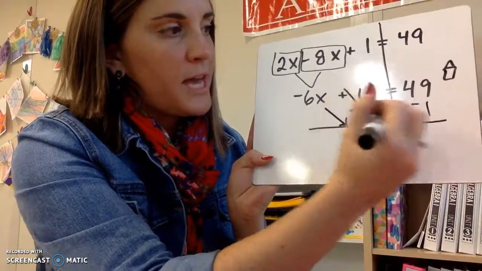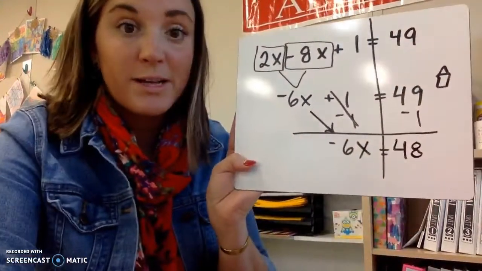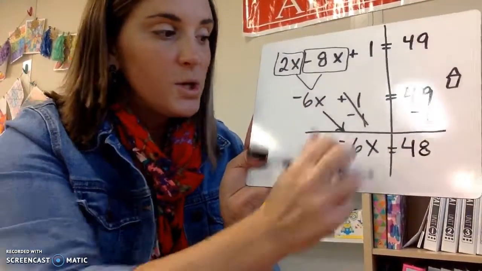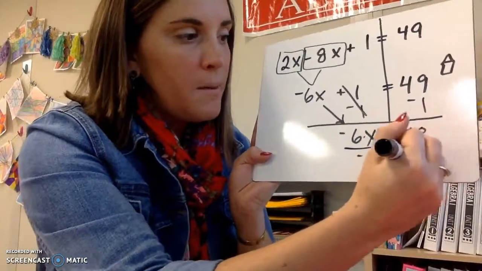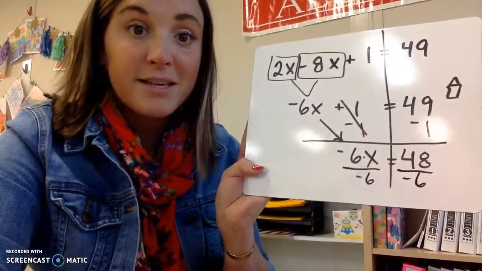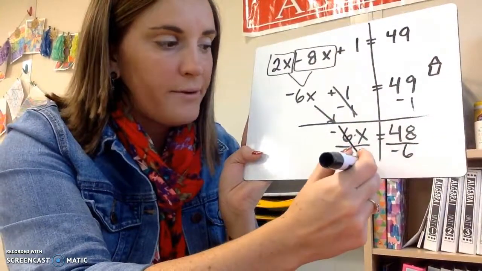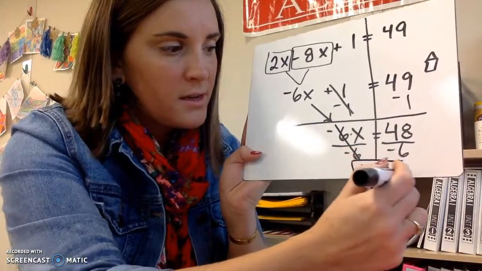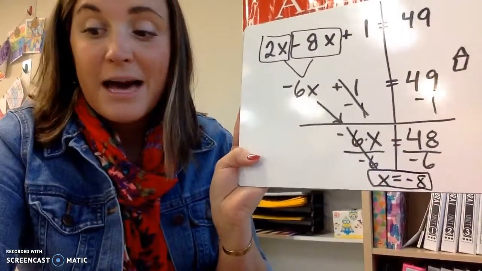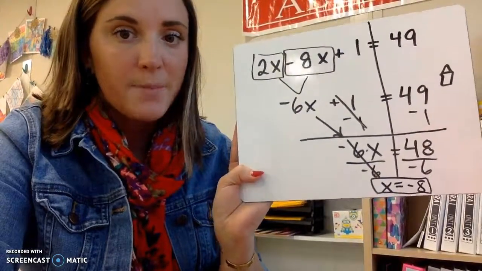Bring down you and your date, and that's going to equal 48. 49 minus 1 is 48. We're multiplying by negative 6, so we need to divide both sides by negative 6 because dividing is the opposite, or the inverse. These will cancel out. x equals negative 8. Positive 48 divided by a negative 6, different signs, leaves me with a negative answer.